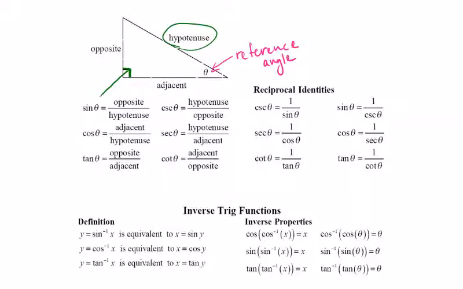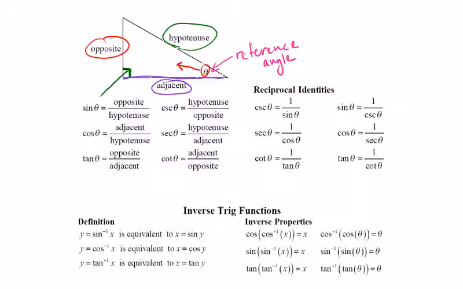Then you have opposite, which is opposite of the reference angle. Then you have the adjacent side, which is next to the reference angle. So that's opposite, adjacent, and hypotenuse in relation to this particular reference angle.